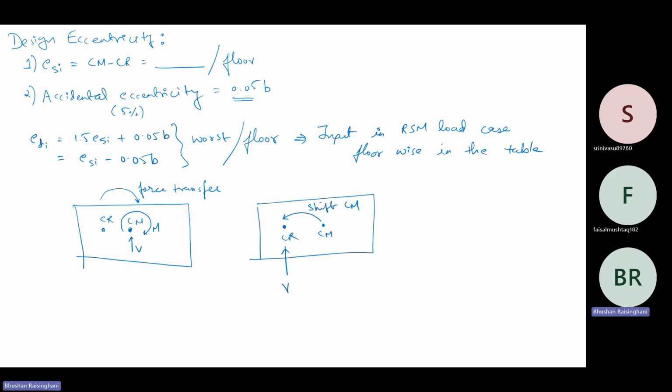So I hope the code clauses, code requirement, and understanding of the concept of CM and CR, and how we have to apply the formulas for each floor, are clear. Once we estimate the forces, for the real buildings, delta max, delta minimum, and theta max, theta average for the ASCE 7 code and IS code have to be checked for each floor.